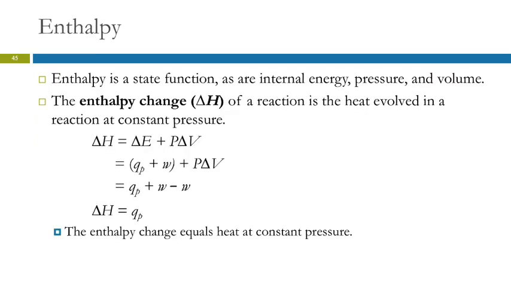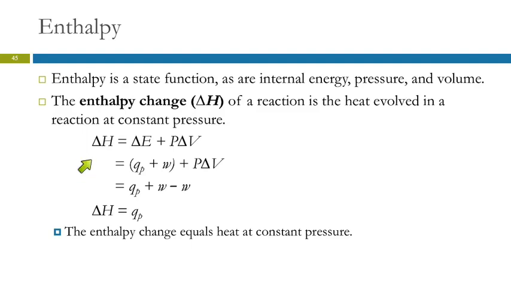Enthalpy is a state function, like the internal energy was, like pressure and volume. It only matters where you started and where you end up; how you get in between has no effect on it. So we look at enthalpy change, that's delta H. The enthalpy change for a reaction is the heat evolved at constant pressure.